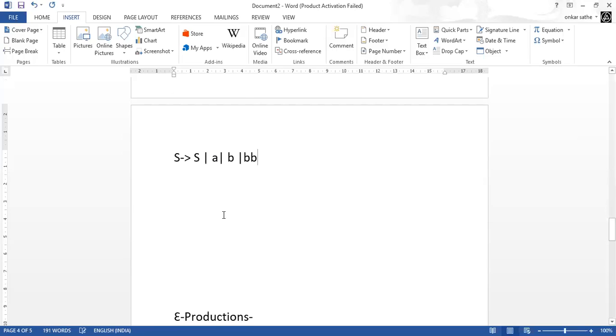Now in this case, this SS is a production of the form non-terminal followed by same non-terminal. So directly we can remove this production from the grammar.